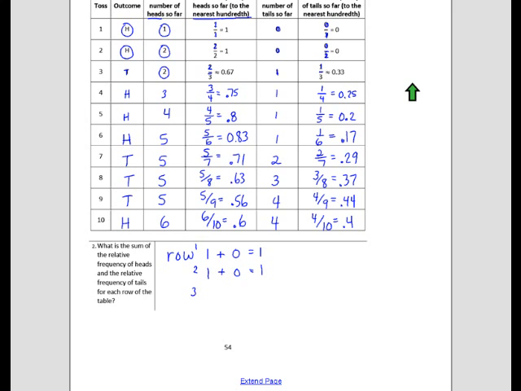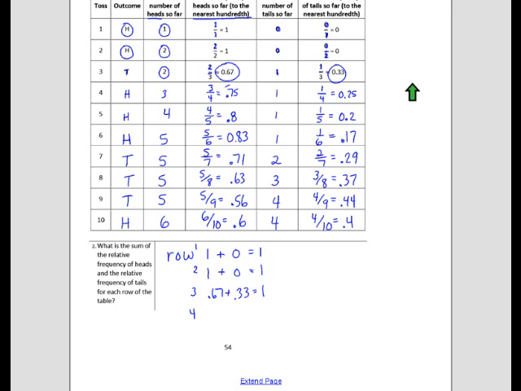In row 3, the relative frequency for heads is 0.67, and the frequency of tails is 0.33. And go ahead and add that together, and you should have gotten 1.